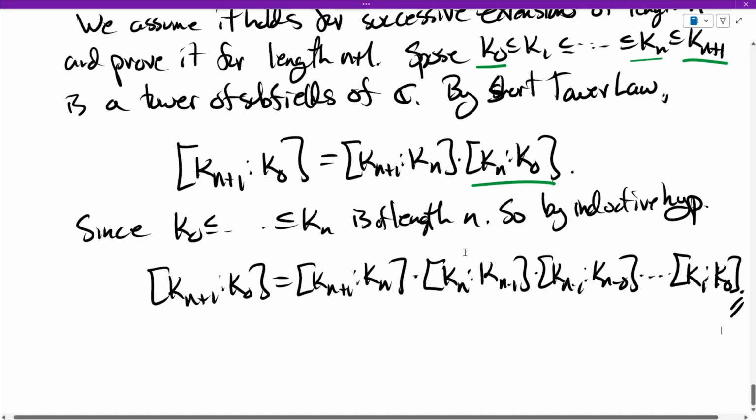All right, so that's, if you want, the long tower law or just the regular tower law, although they're both the same thing.